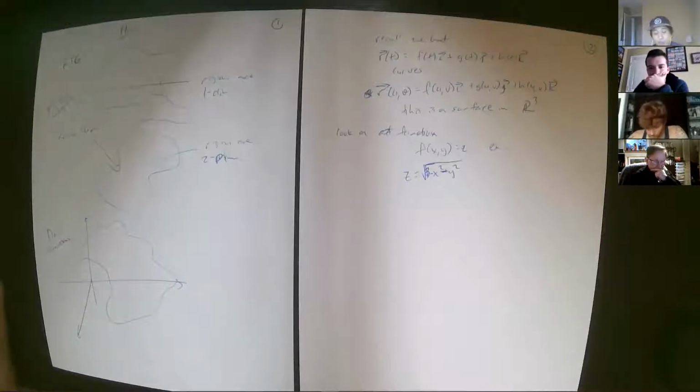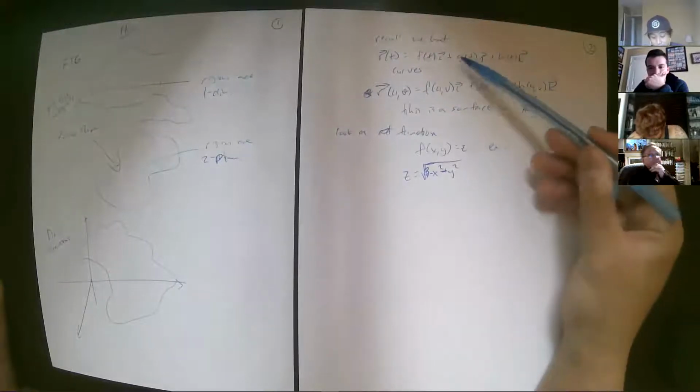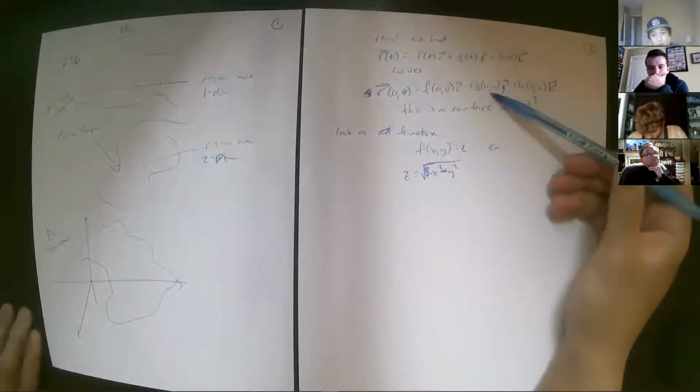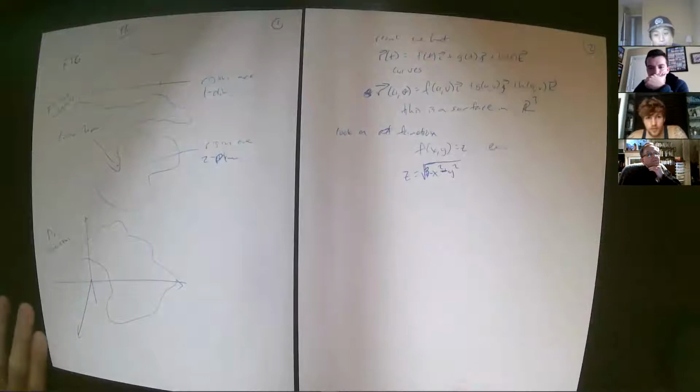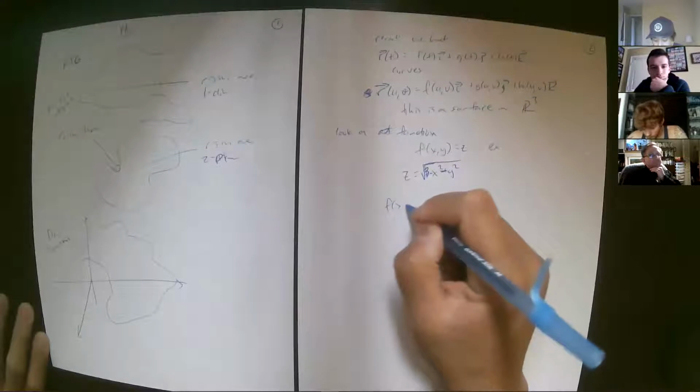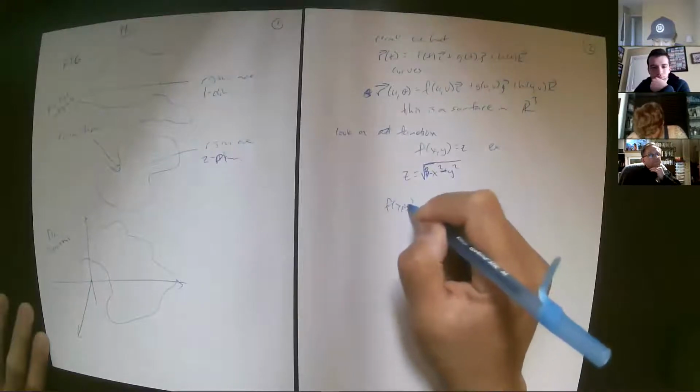If I want to make a parameterization like that, I want to write it in this form. What's an easy way to do it? I can parameterize this in terms of x and y, and then z is a function of both x and y, right? So I can say something like f of x, y is equal to x.